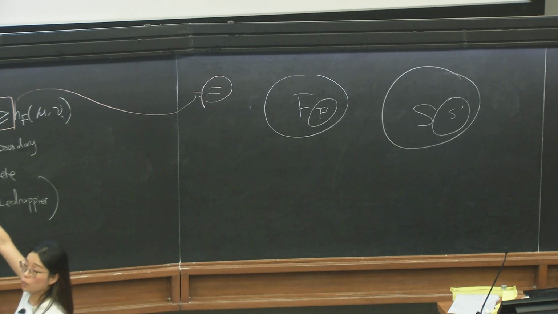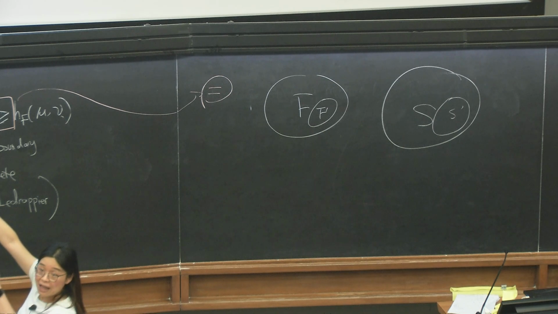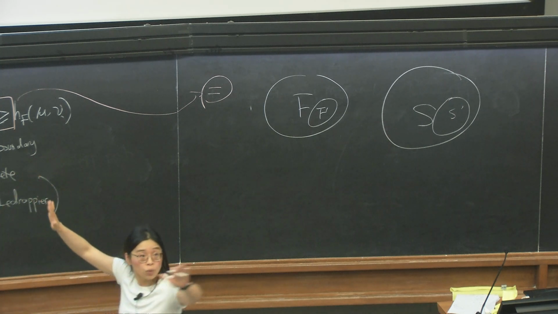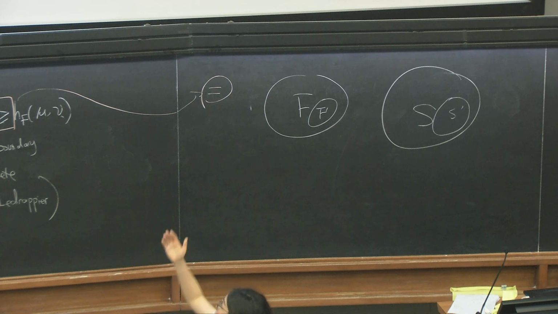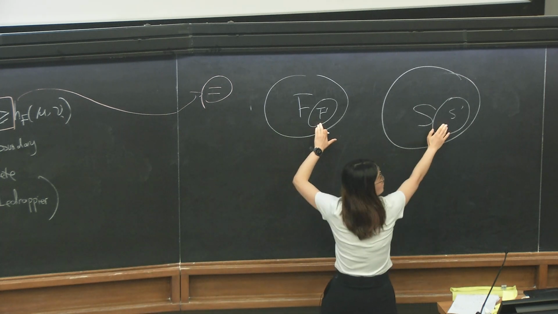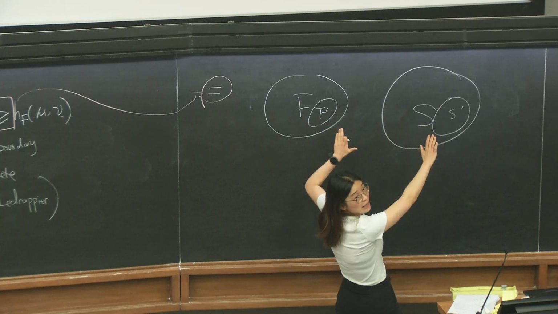So I use the word rho F to the M. This will give me a Zariski dense semigroup. And the second one is to use these two subsets to construct a free subgroup.